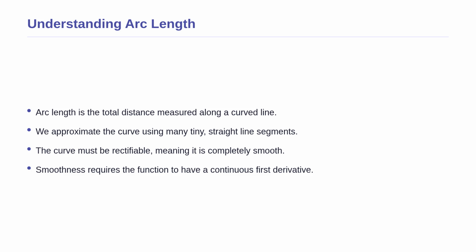For this to work mathematically, the curve must be what we call rectifiable. This simply means it is completely smooth without any sudden jumps or sharp jagged corners. We guarantee this smoothness by requiring the function to have a continuous first derivative. As we make our straight segments shorter and more numerous, our approximation gets closer to the true length.